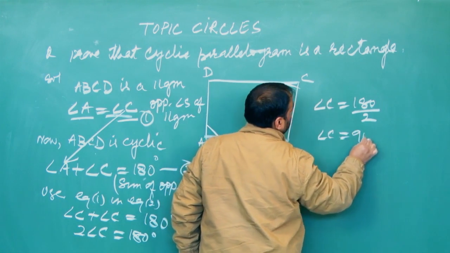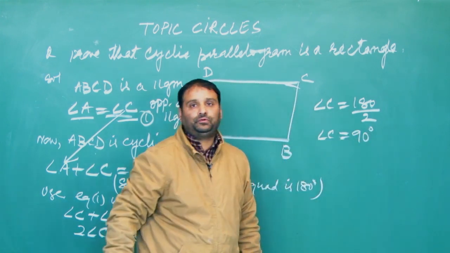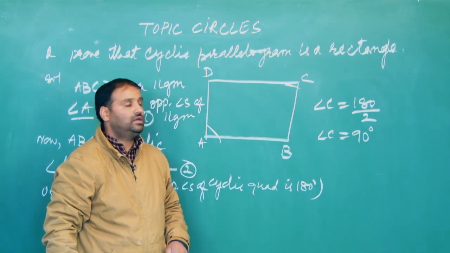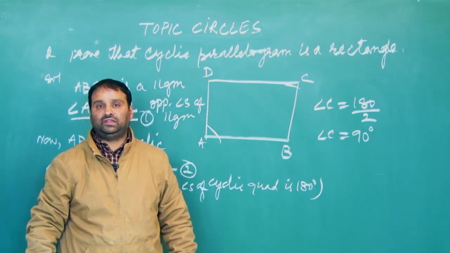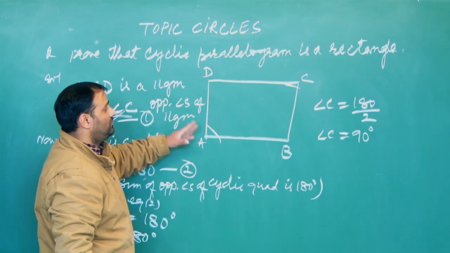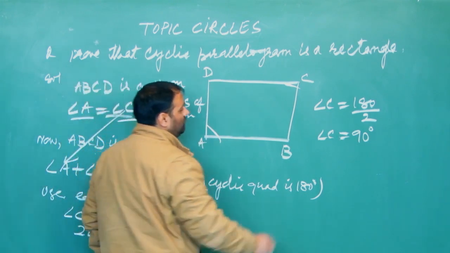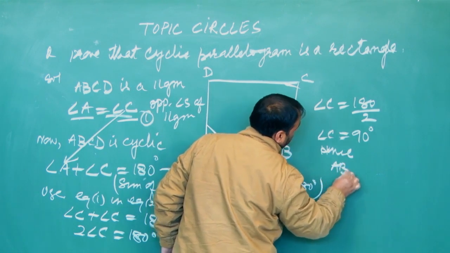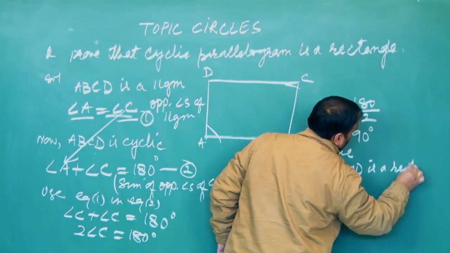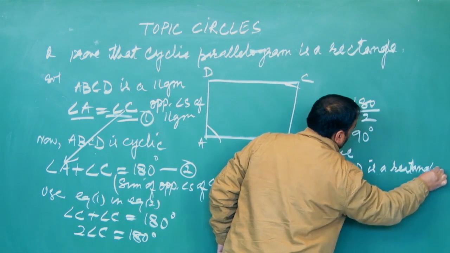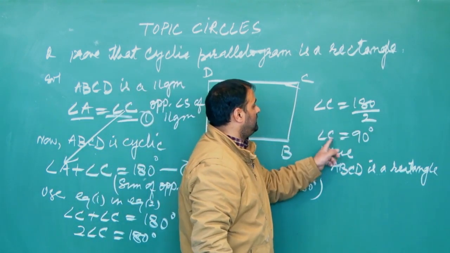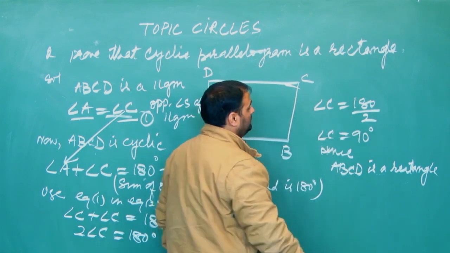And now by definition, if you are able to prove only one of the angles of a parallelogram is 90, then all its angles are equal to 90 degrees, and hence it forms a rectangle. So, in short, we can write ABCD is a rectangle. On transposing, angle C is 180 by 2, that is 90.